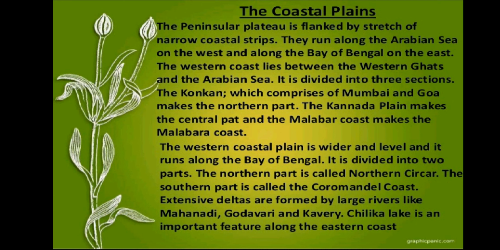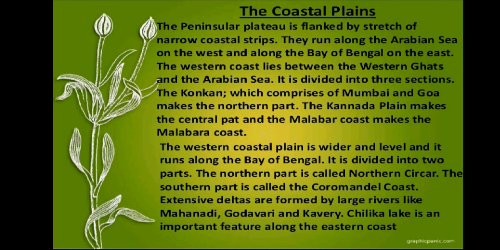Now let us talk about the eastern coastal plains. It is wider and level. It runs along the Bay of Bengal. It is divided into two parts. The northern part is called Northern Sarkars, which you can see in Odisha and West Bengal.